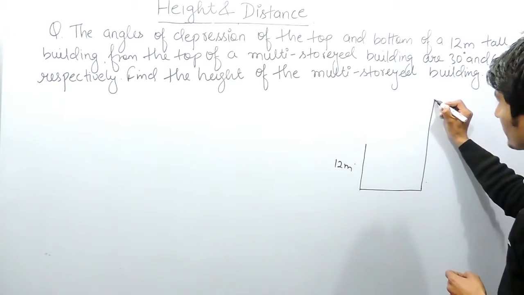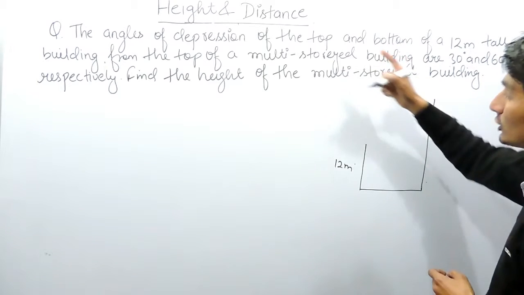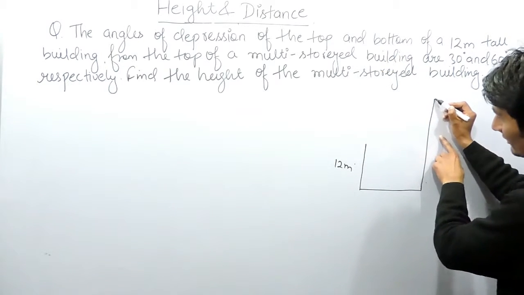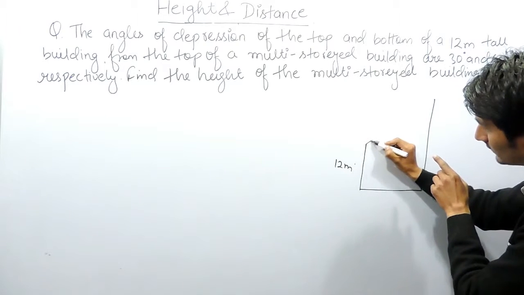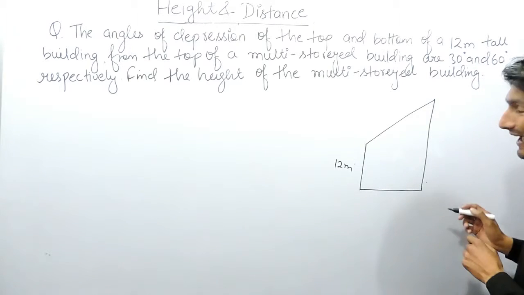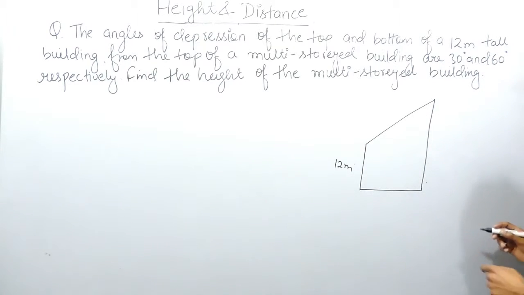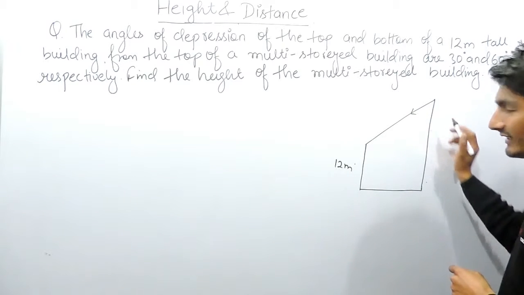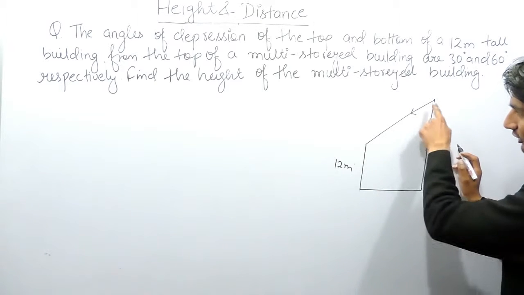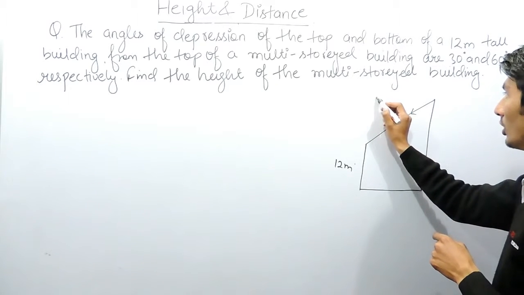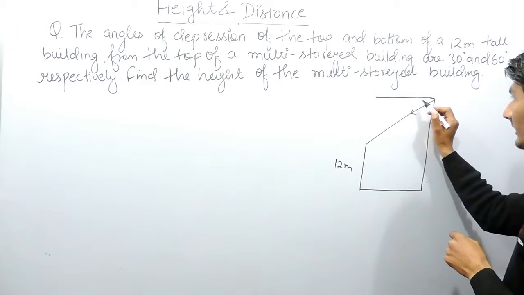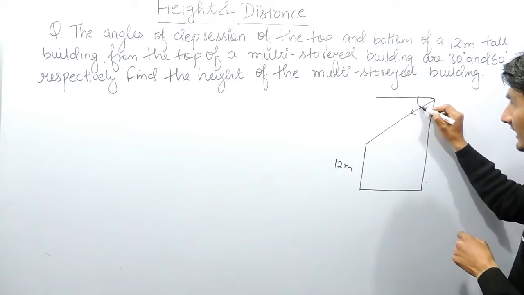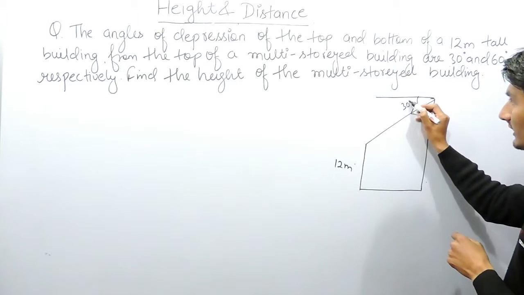From here, if I look at this top, the angle of depression is given as 30 degrees. This will be my line of sight, and the horizontal line here makes this angle 30 degrees.